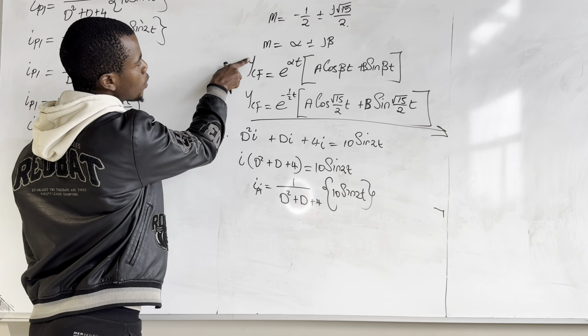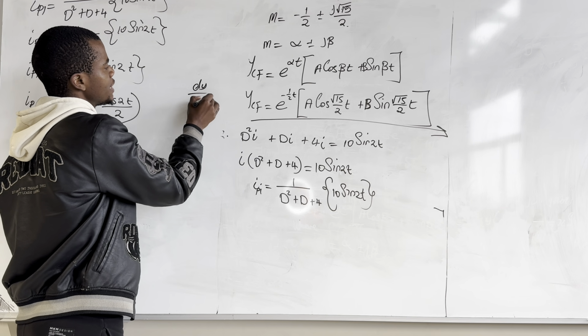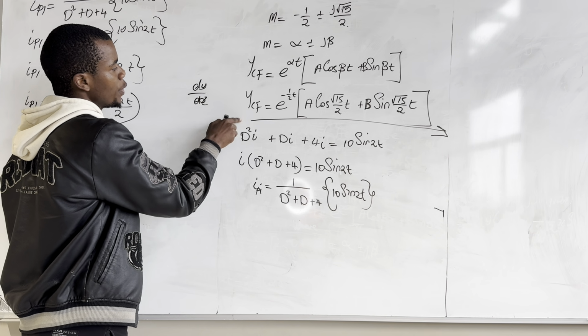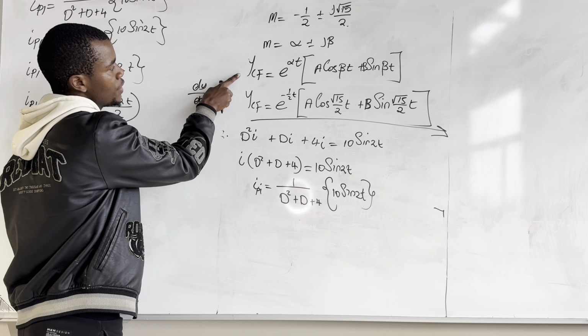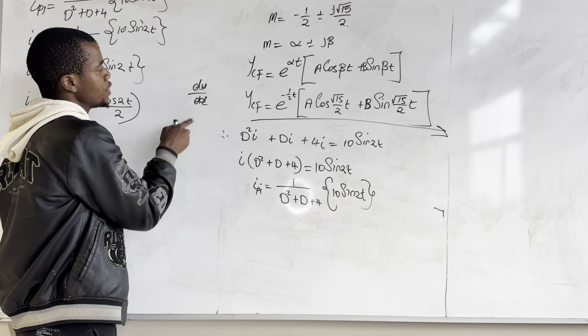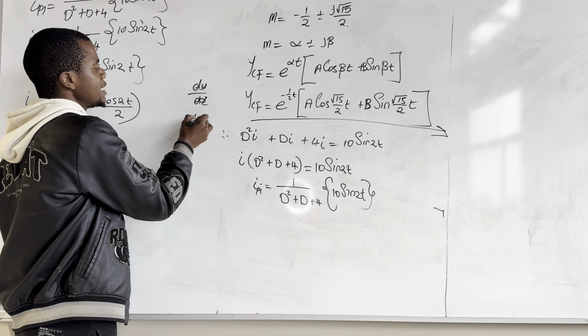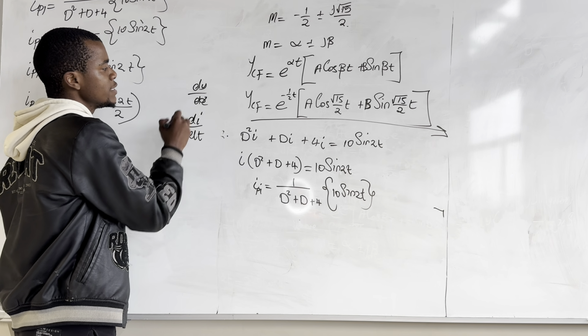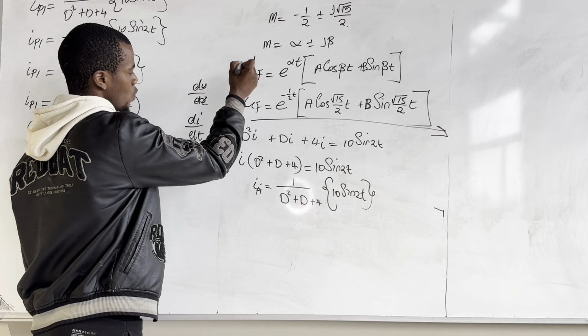You don't put y's because we are not given dy over dx, and this will become incorrect because you have now put the y's. Okay, so it's not dy over dx, but it is di over dt. So we must represent this as a current as well.